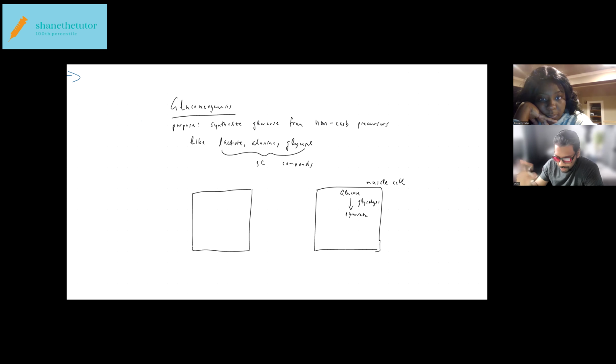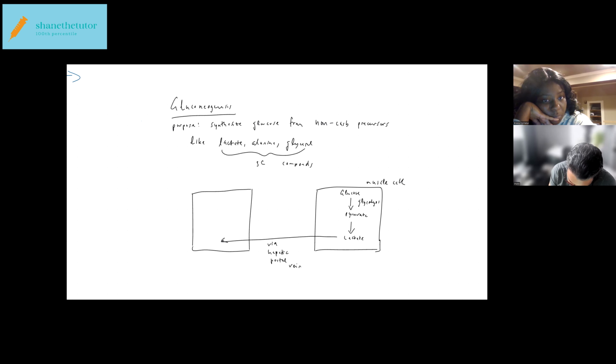If we're not thinking about the Krebs cycle, it'll turn into lactate, and then it'll travel through the hepatic portal vein to your liver cell.